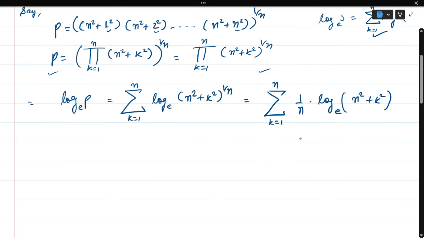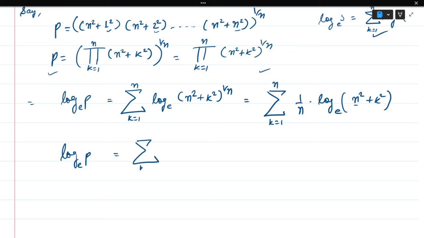Right. Now we can take n square common from the internal part. Actually, log P to the base e is given by summation k equal to 1 to n.